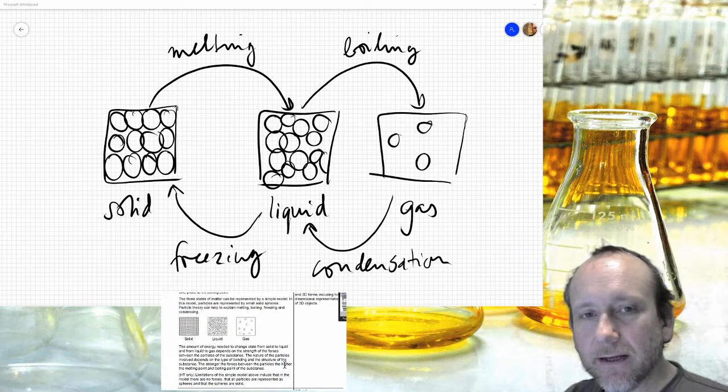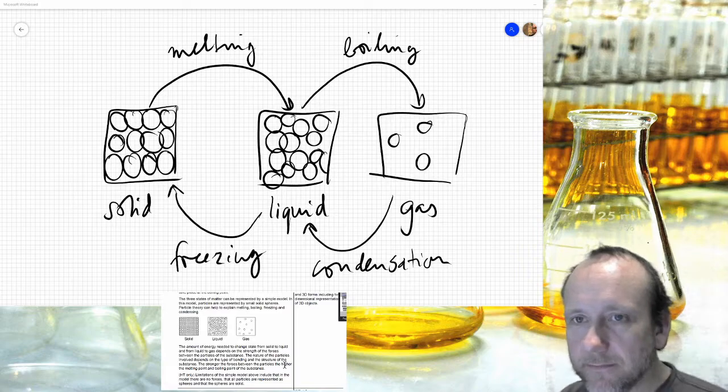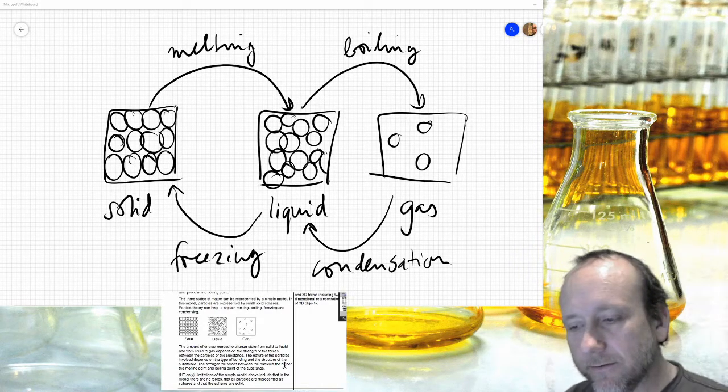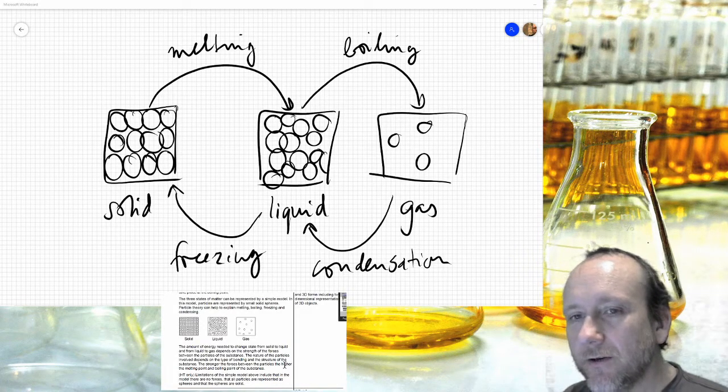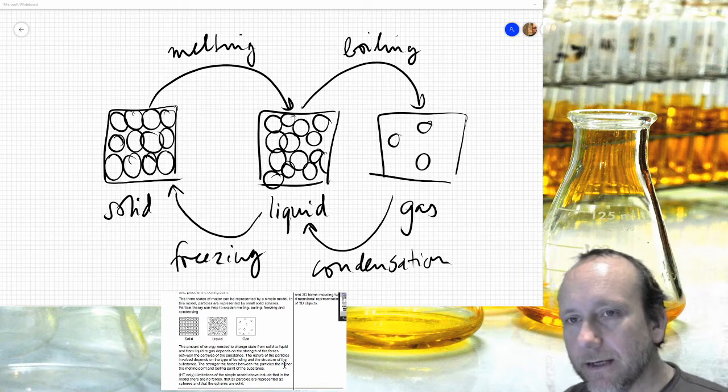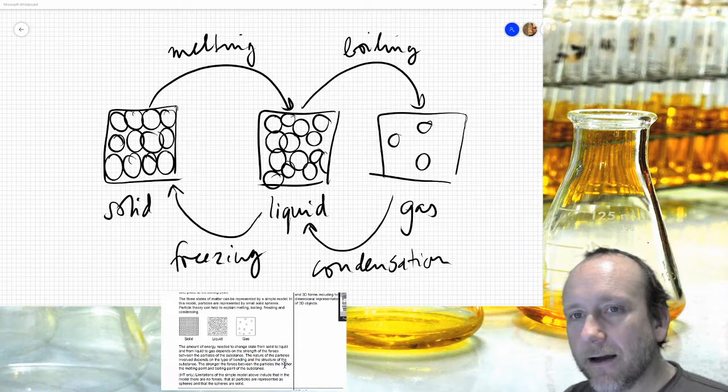And of course, if you have dabbled in science before, then you might know that there are other states of matter, but they don't exist in standard conditions.